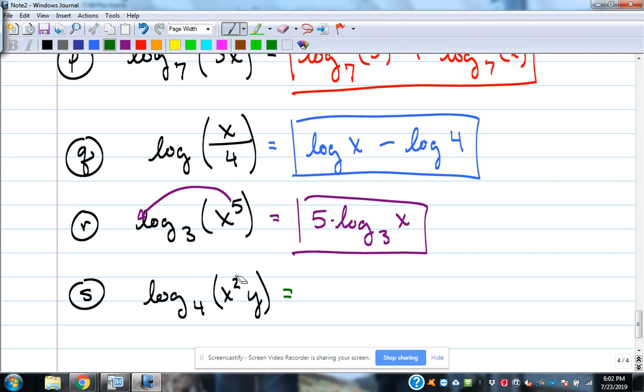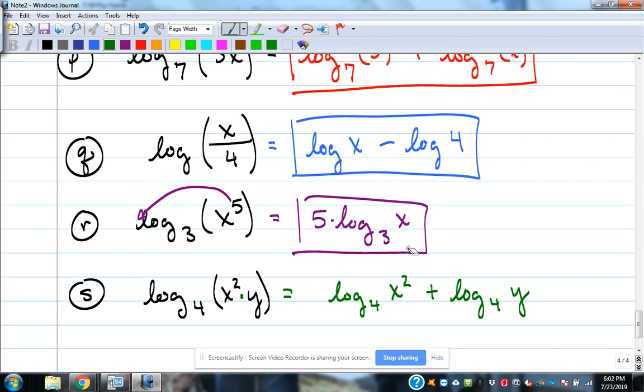Well, there are two pieces, right? There's an x squared and there's a y. What's going on between those two pieces? Their multiplication. So first step would be that it's log base 4 of x squared plus log base 4 of y. Okay? So the multiplication between the two pieces makes it an addition problem.